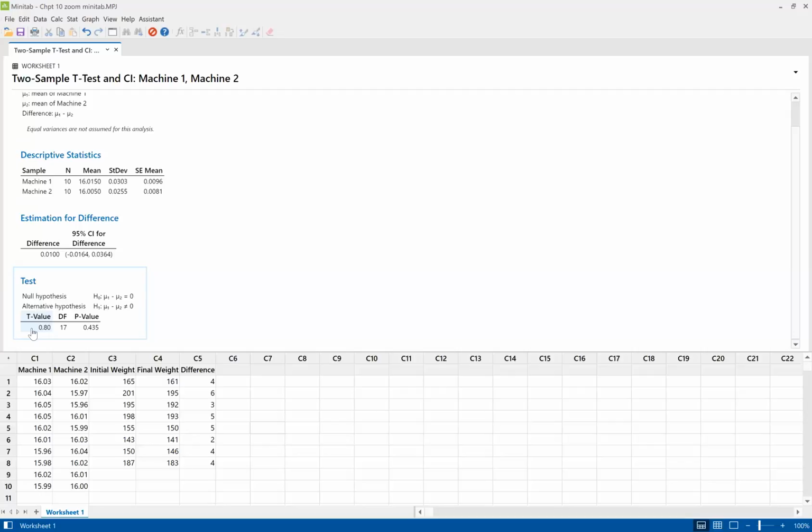So you can see the conclusion for the test both from the t-value using your t-tables or your p-value compared to your alpha. And that alpha is what you put into the test and use for your confidence interval.